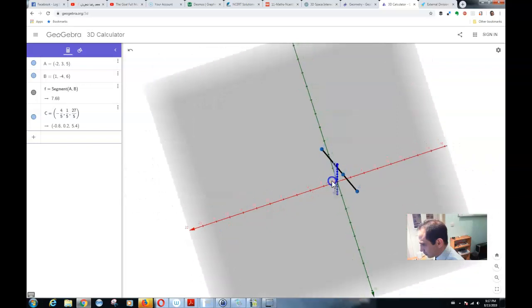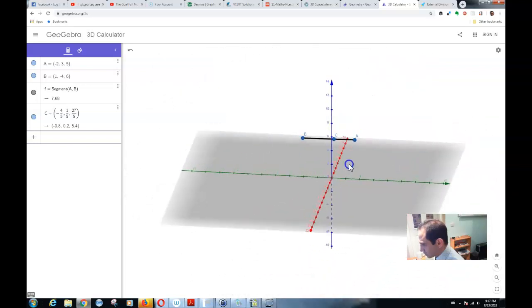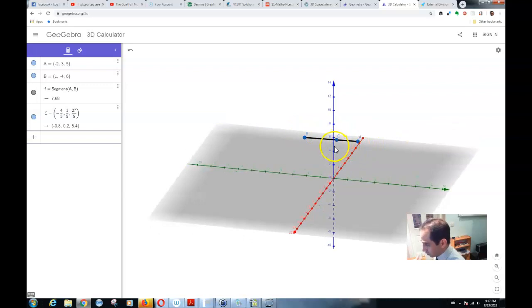It is somewhere in the second octant. And that's basically where your point C is.